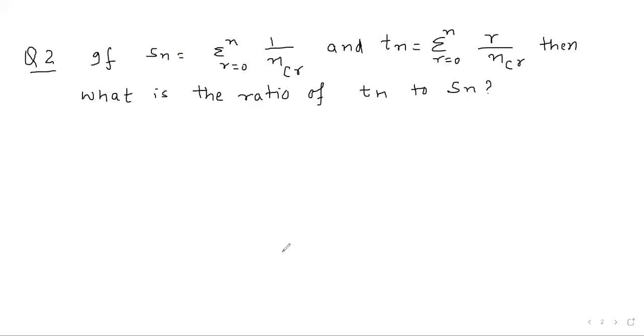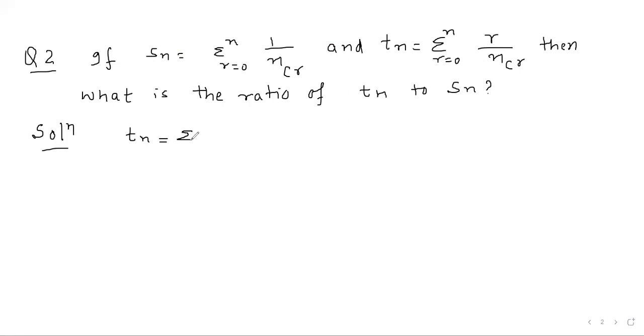Now consider the second question. We are given if Sn = sigma r = 0 up to n of 1 upon nCr, and Tn is sigma r = 0 up to n of r divided by nCr, then what is the ratio of Tn to Sn? So let's consider it. We write Tn first.